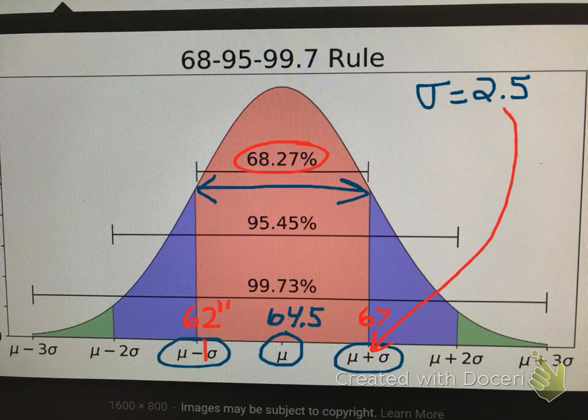Now the area underneath this curve here is equal to 1, or 100%. So the total area under the curve is 100% of all females. Notice that it never touches the x-axis because it leaves room for a really tiny woman, and it leaves room in the upper tail for an extremely tall woman. So it never touches the x-axis because there's always room for outliers in there.